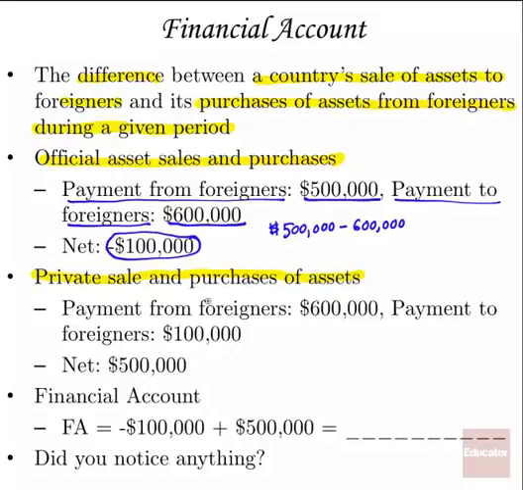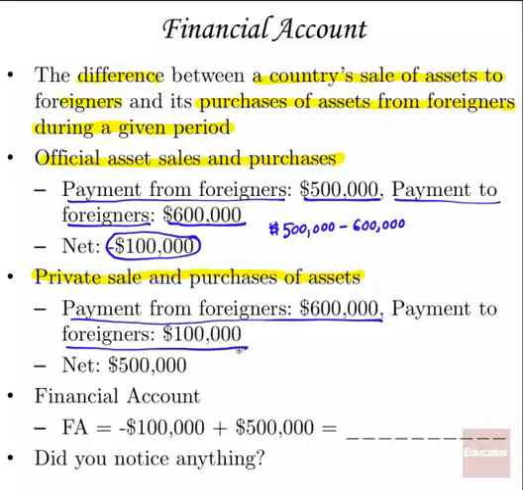Now, private sales and purchases of assets. Let's say that payment from foreigners is $600,000, and payment to foreigners is $100,000. As far as what individuals within the country are selling, let's say it's Dodger Stadium, for example.